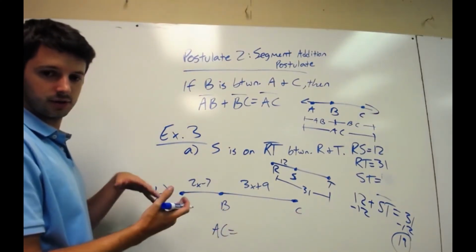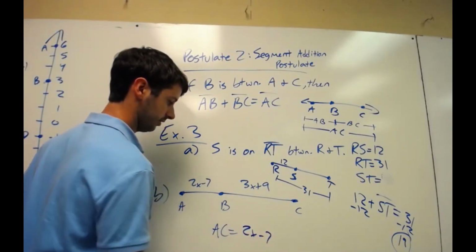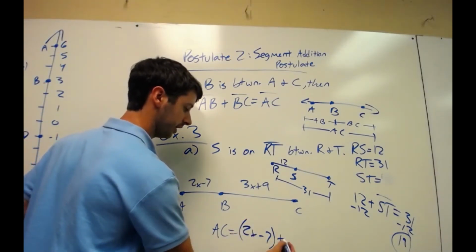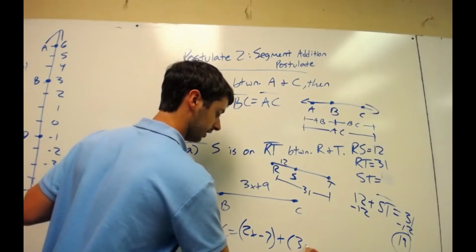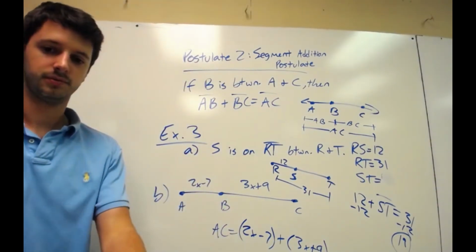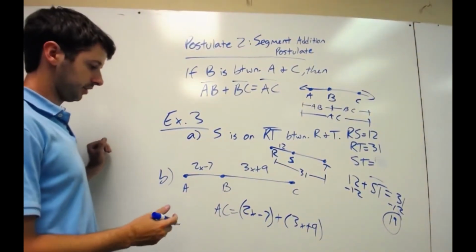And so we add AB, 2x minus 7. I'm going to put that in a quantity format with parentheses, plus the quantity of 3x plus 9.